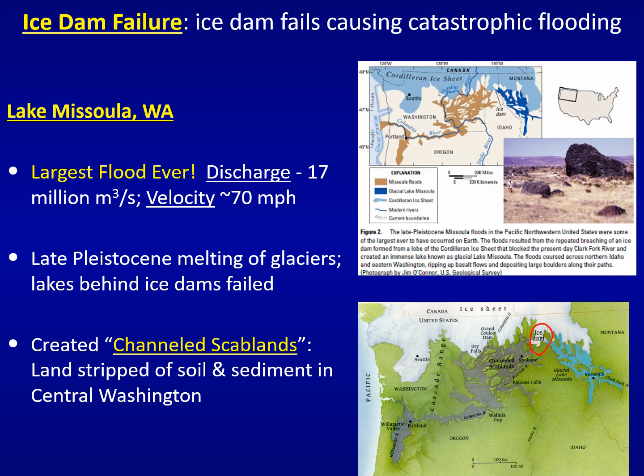It was such a large breach that it basically washed away all of the vegetation and soil from this area in the eastern part of Washington State, and now the area is like this graveyard of boulders and massive structures. That's called the channeled scablands. So that was possibly the largest flood that the Earth has ever seen, or at least in the recent past.